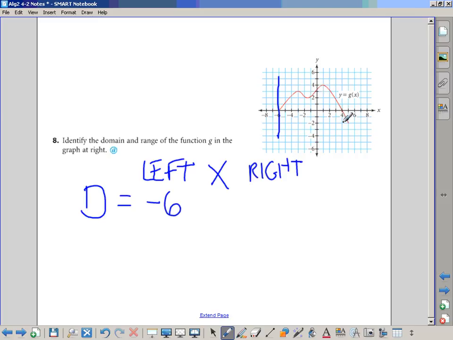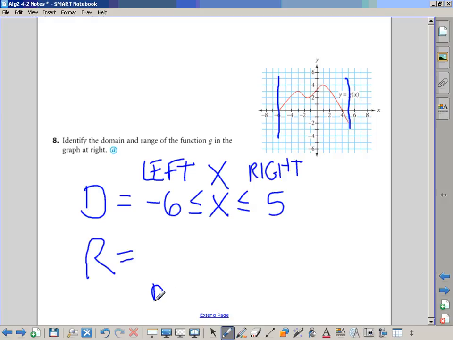Its eastern boundary, how far to the right does it go, would be an x value of 5. Then here's how you describe the domain. The x's are smaller than or equal to 5, and greater than or equal to -6. That's the domain.